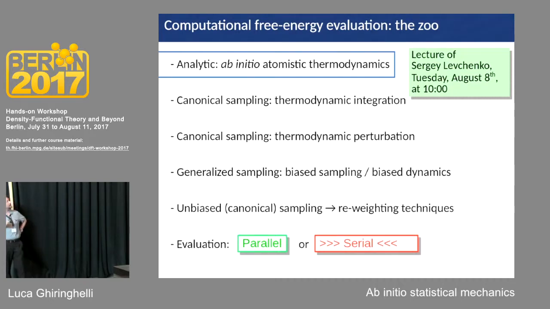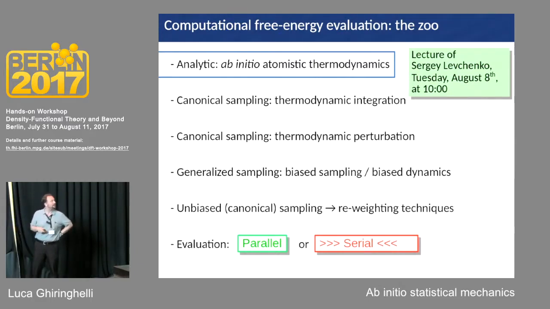Then we have thermodynamic integration from the derivatives, perturbation from the probability definition, and then I will talk a little bit about how to bias the sampling or how to reweight afterwards in an unbiased kind of way.